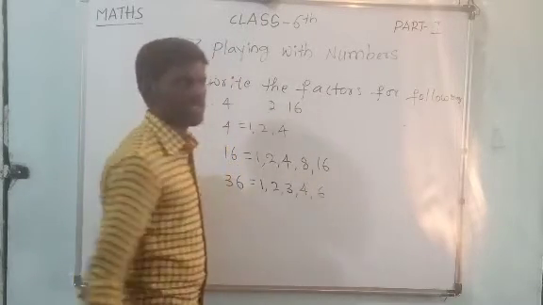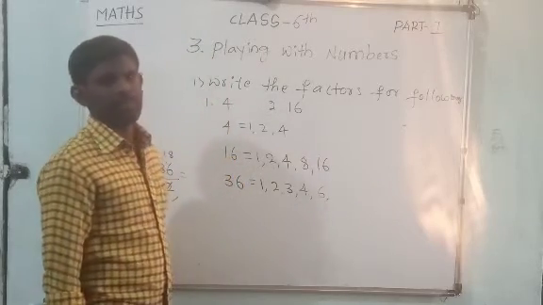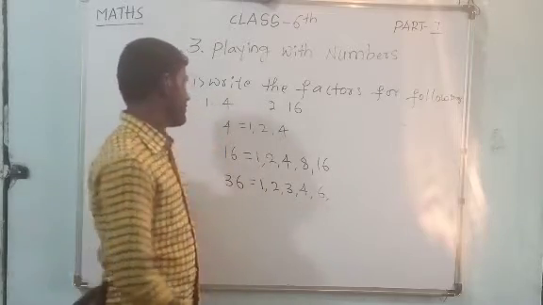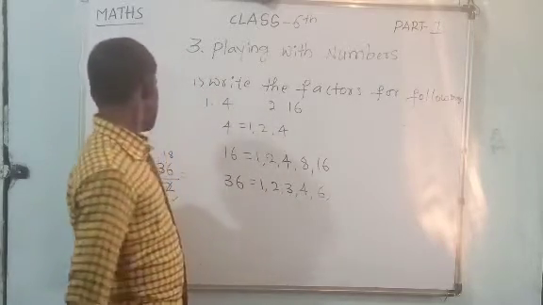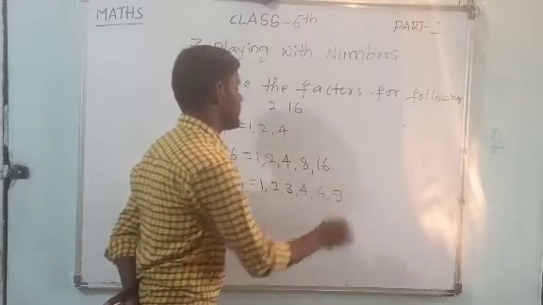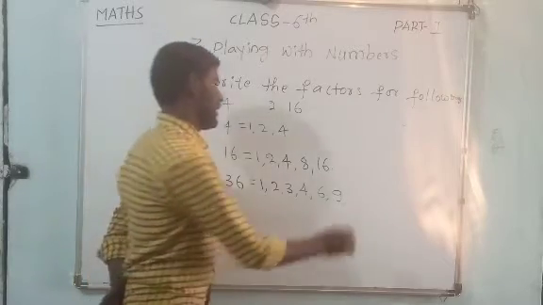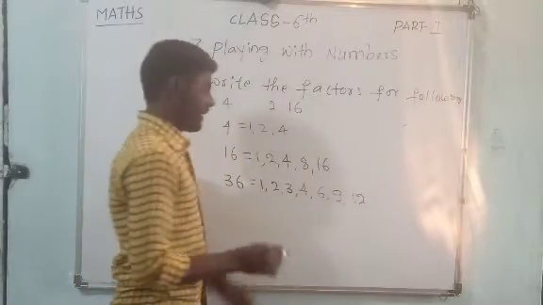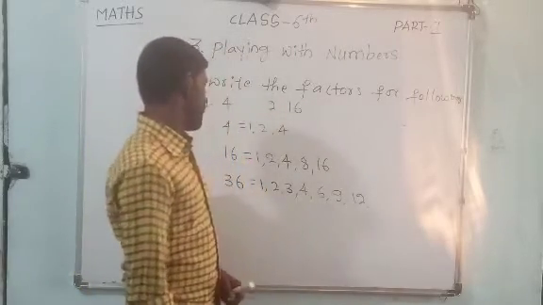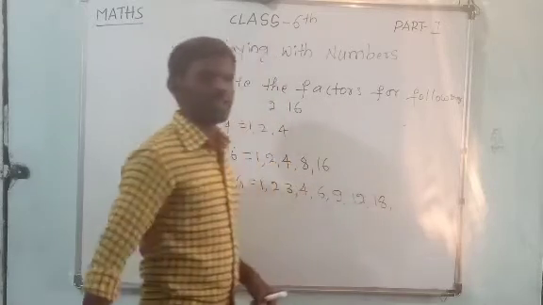6 is a factor. Then 7 is not, and 8 is not a factor of 36. 9 is there; 9 is also a factor of 36. 10 and 11 are not, but 12 is a factor of 36. Then 18 is also a factor of 36.